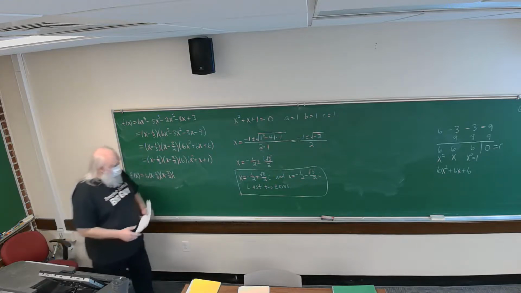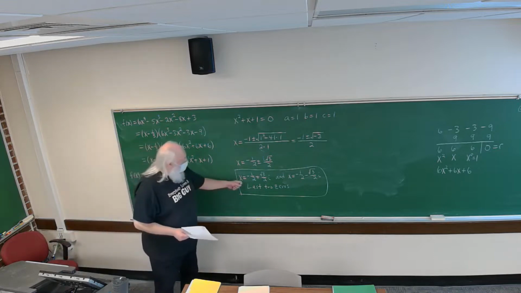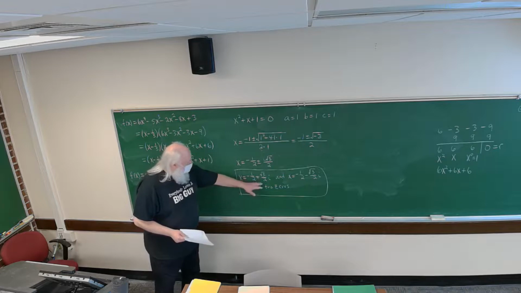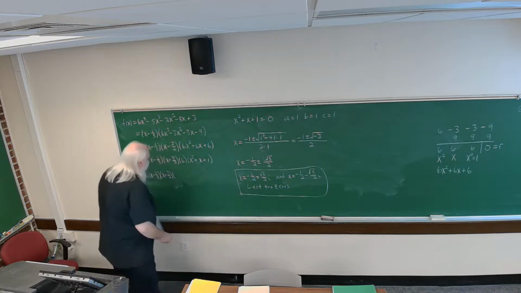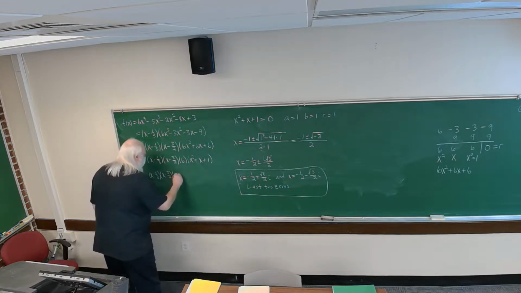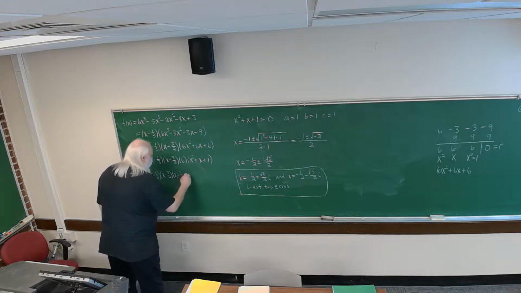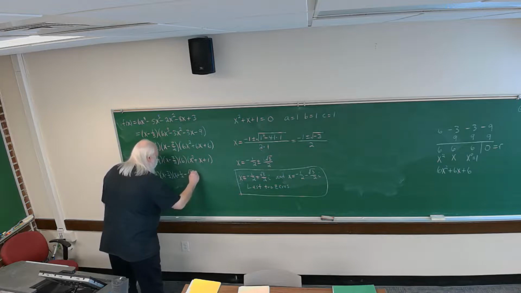And now, these are the zeros. So to get the factors, I gotta add 1/2 and subtract square root of 3 over 2 i. So I have x, the first factor, x plus 1/2 minus square root of 3 over 2 i.